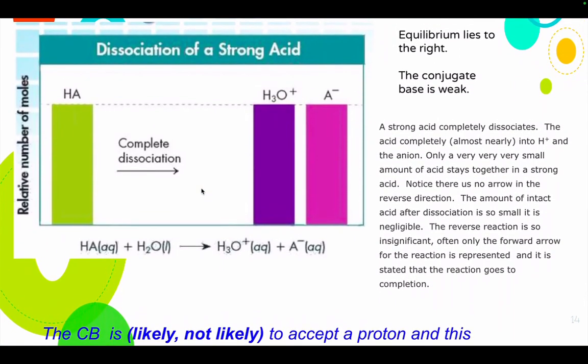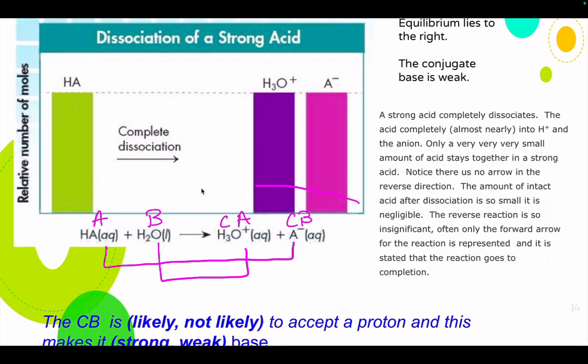And then this kind of just summarizes all of that again. If we were going to draw our tie lines, this is our acid, our base. This one's a strong acid. This is our conjugate acid and our conjugate base. So the equilibrium lies to the right. That means this conjugate base is weak.